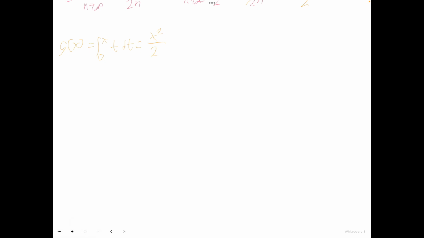But what's interesting about this is notice what the derivative of g is. If I take the derivative of x squared over 2, I get 2x over 2, just using the power rule, which is x. So I get out x, which looks an awful lot like t.